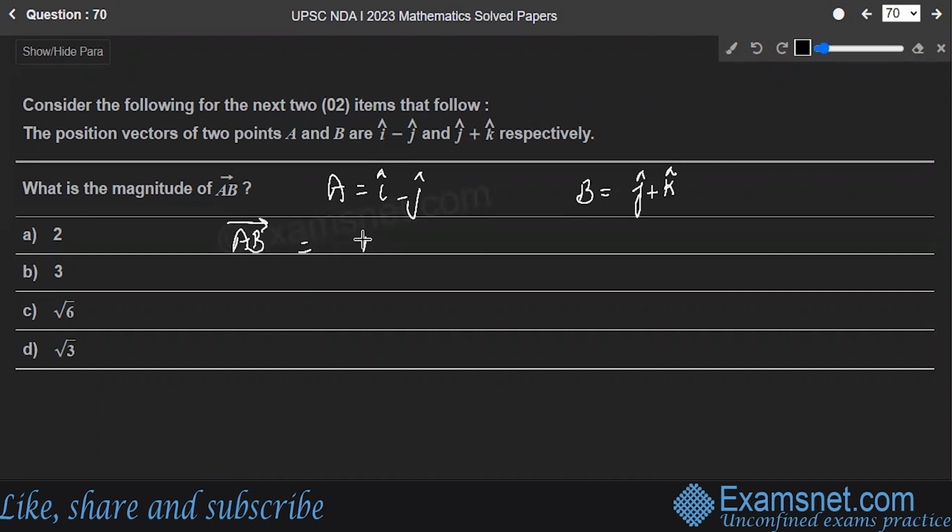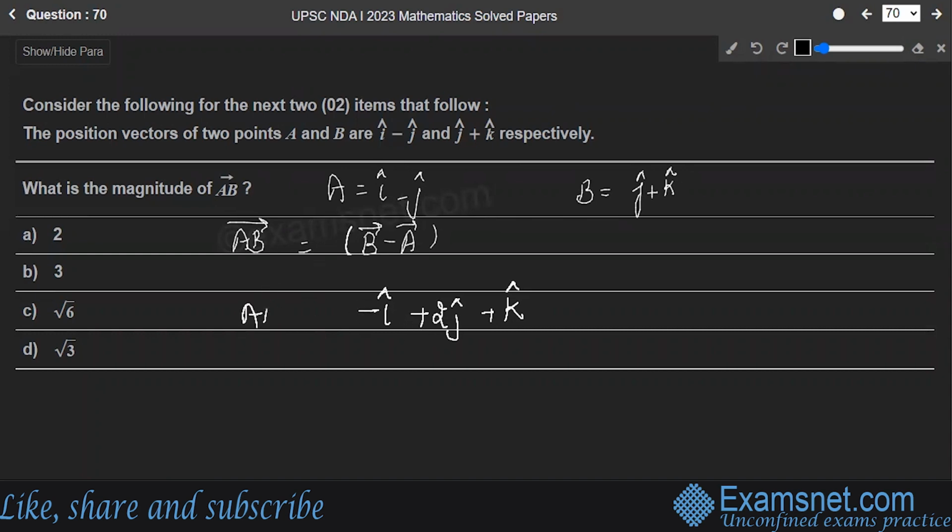AB vector can be written as B vector minus A vector. So let's write it down. B is J plus K. So this can be written as minus I plus 2J plus K vector.